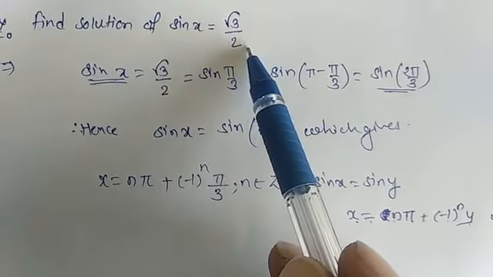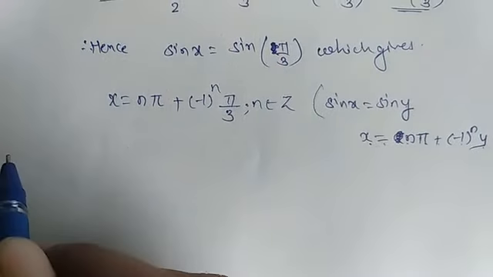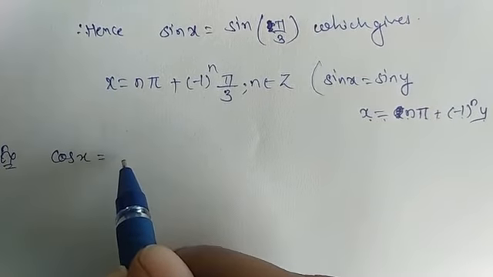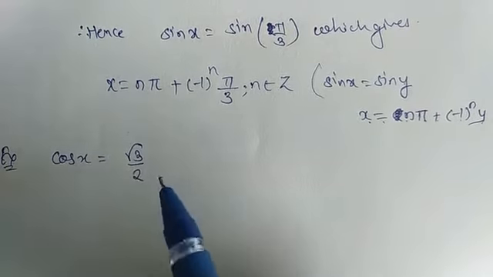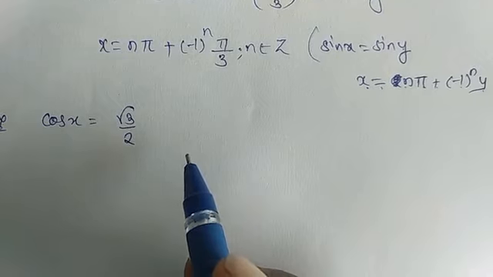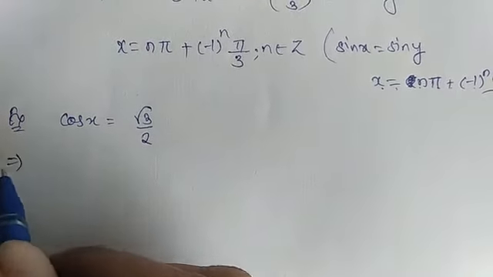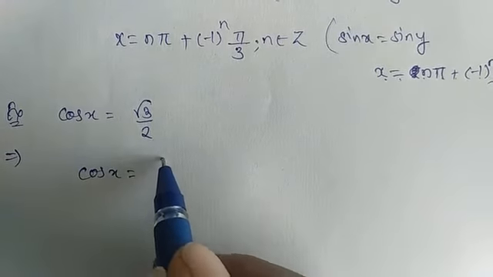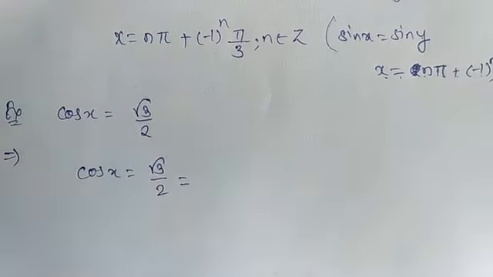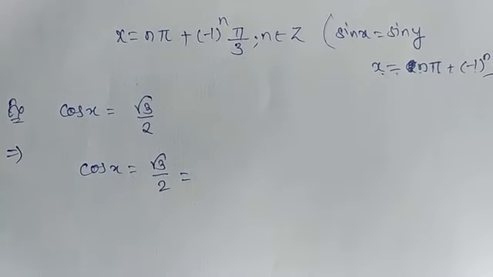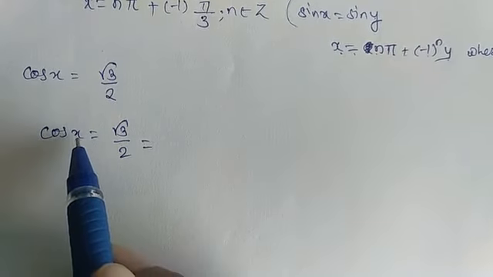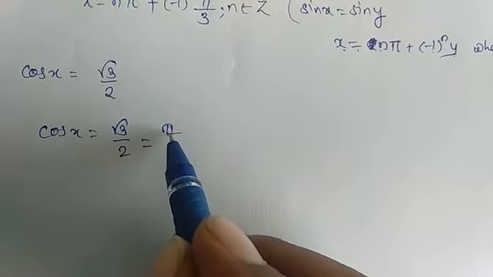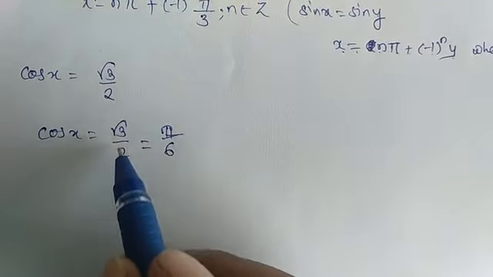If you consider the next example, cos x is equal to root 3 by 2. Here cos x is equal to root 3 by 2, and for x is equal to pi by 6, meaning cos 30 degrees, it is root 3 upon 2.